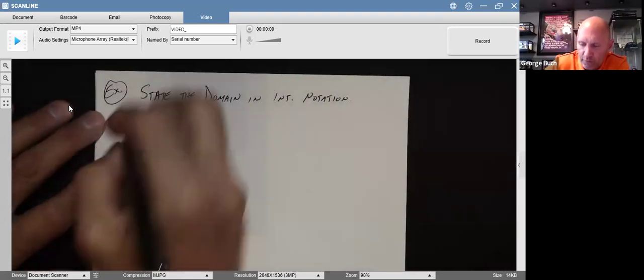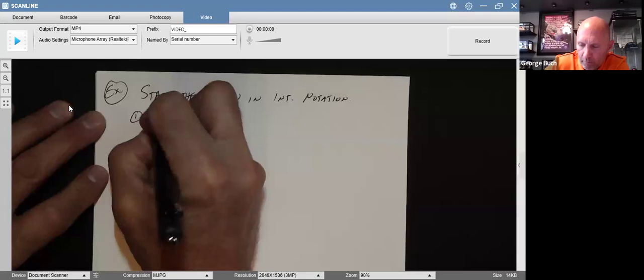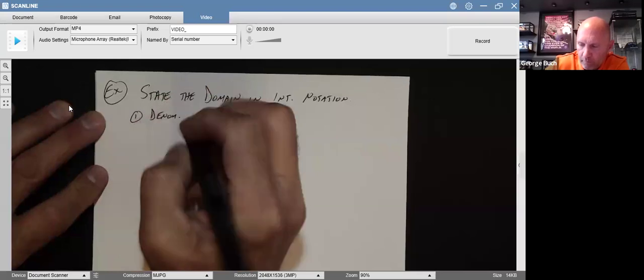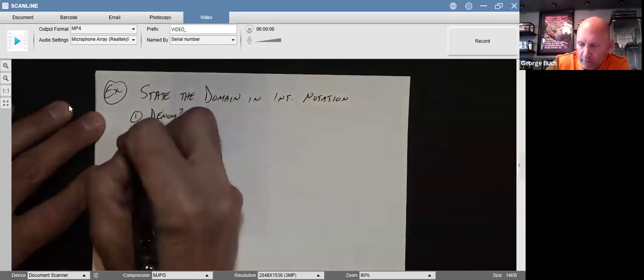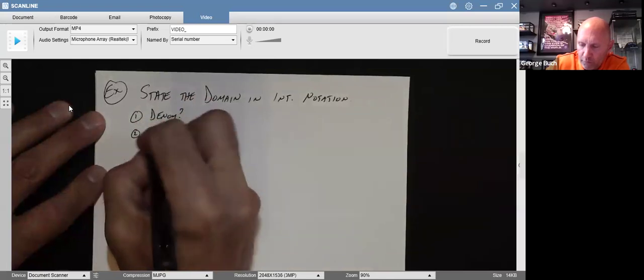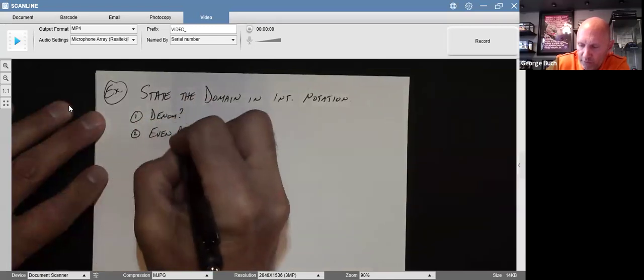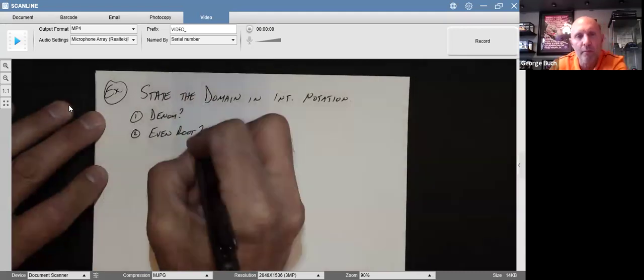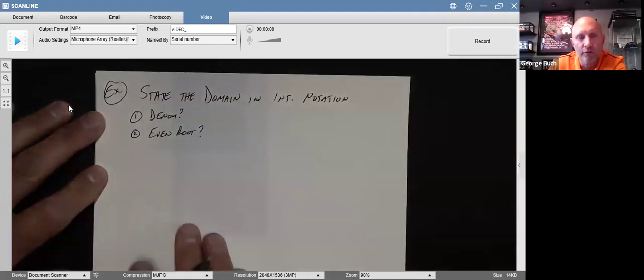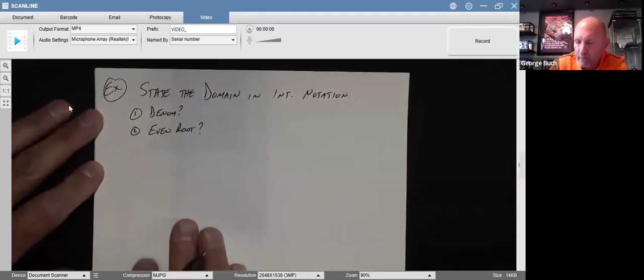First, is there a denominator? And second, is there an even root? Depending on if we answer yes to either of those or both of them, then we have to solve these in different fashion.